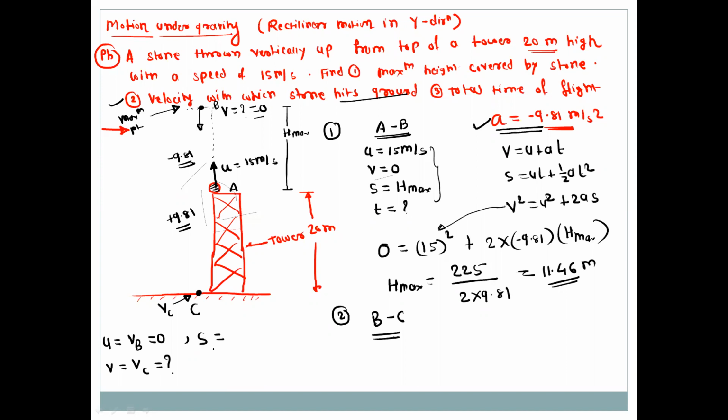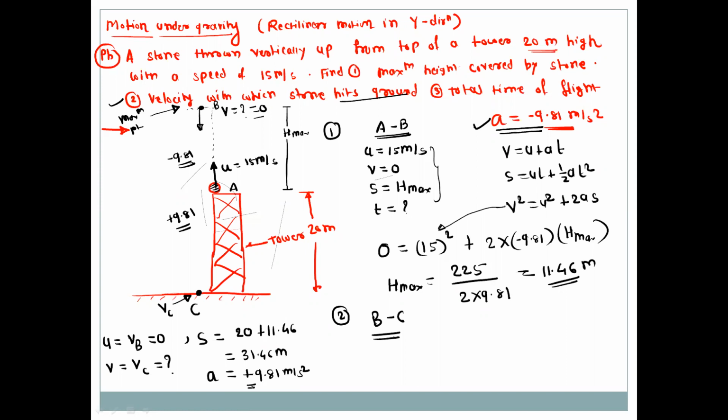So what is the value of s for B to C? So s is equal to 20, that is the tower height, plus h max, that is 11.46. So that is equal to 31.46. So this is the s value. And acceleration from B to C, that is for the downward motion, it is plus 9.81 meter per second square.